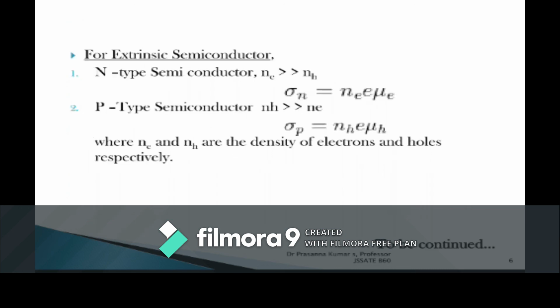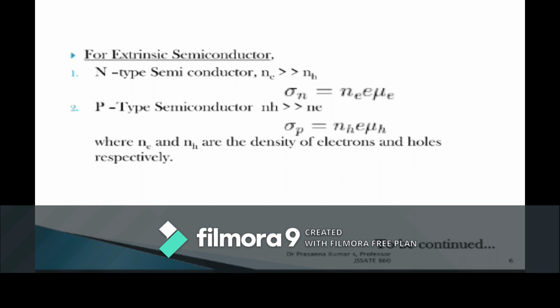Now, what is the expression for the conductivity for an extrinsic semiconductor? In an n-type semiconductor, the electrons are the majority charge carriers. They are more in number; there are more electrons when compared to the holes. Therefore, electron concentration is more for n-type semiconductor compared to the hole concentration.